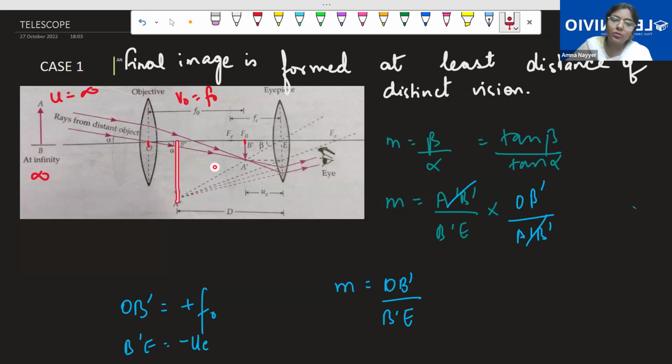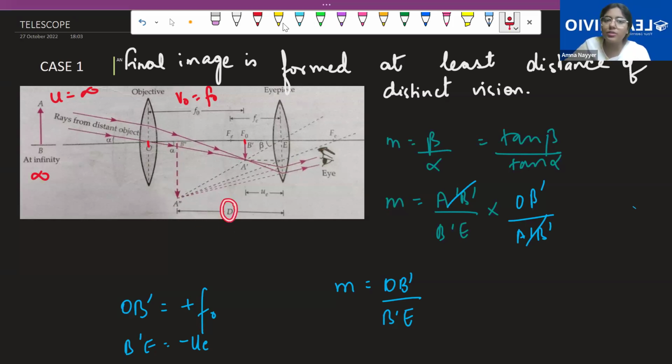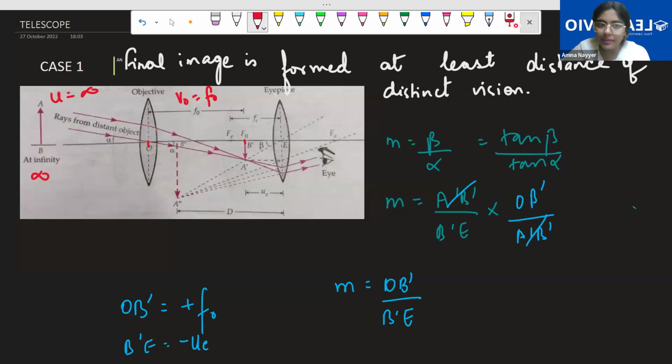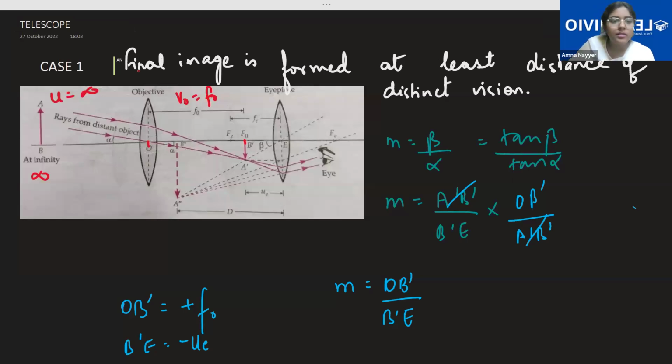Here the image is formed at the least distance of distinct vision, that is capital D. FE must be somewhere else. This is UE, where the intermediate image acts as the object. This is VE, capital D, the final least distance of distinct vision, because the image is formed there.